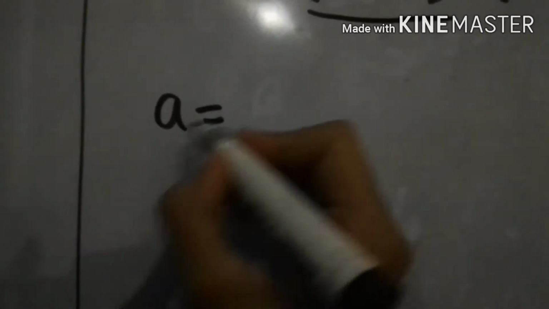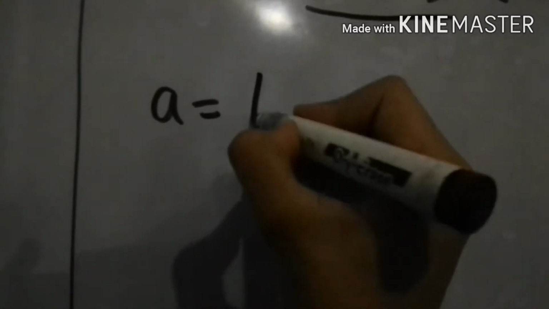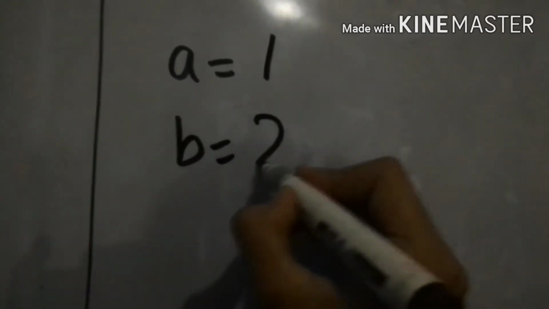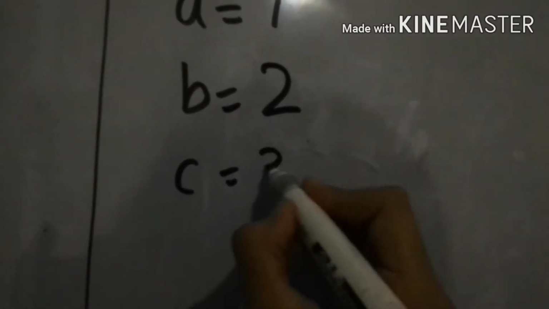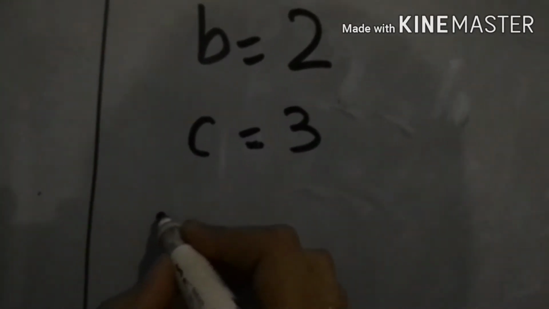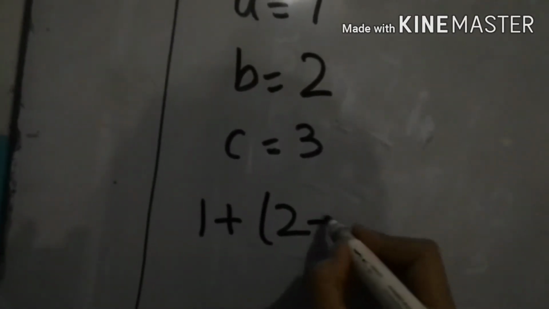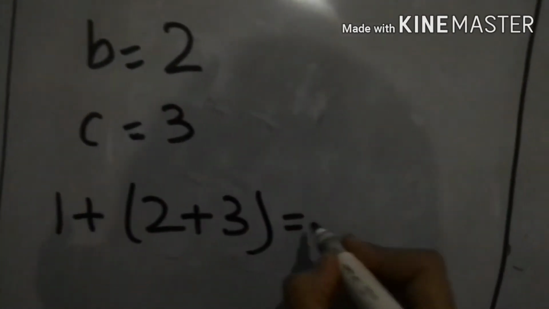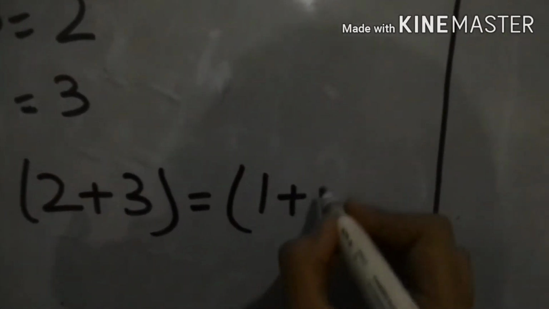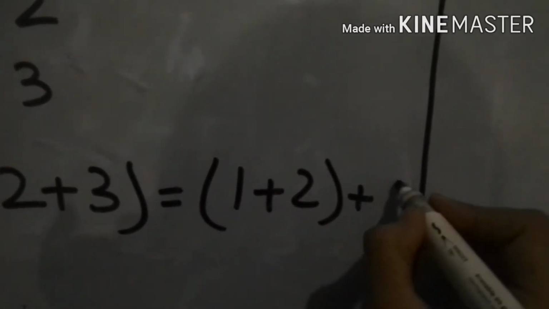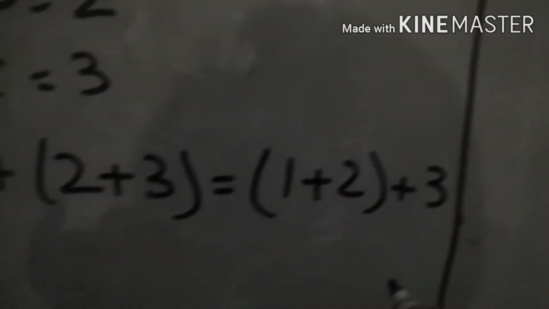Now we are taking A is equals to 1, B is equals to 2 and C is equals to 3. Now we will put values: 1 plus (2 plus 3) is equals to (1 plus 2) plus 3.